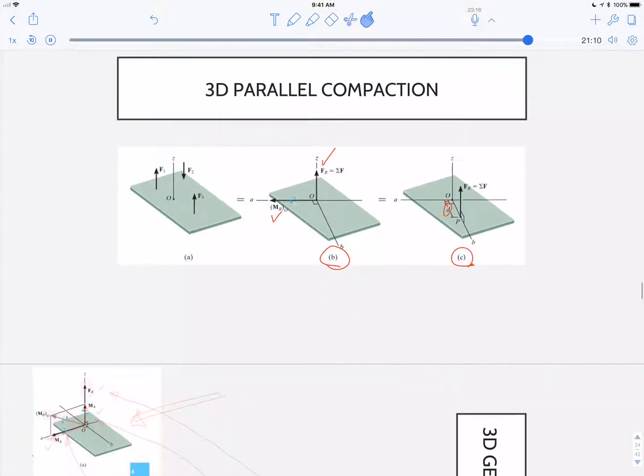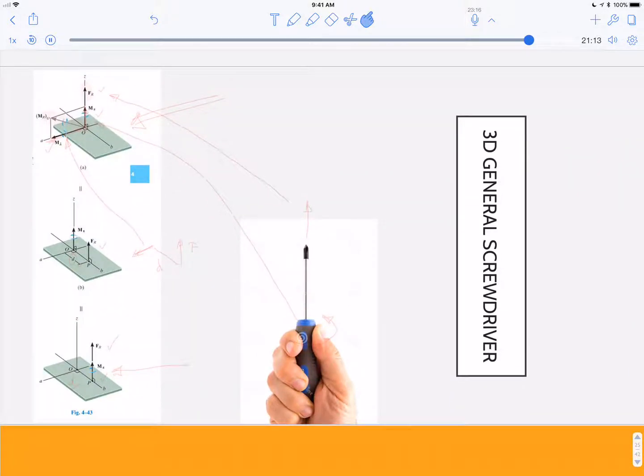And finally, we have this 3D general screwdriver compaction. What you have, you start with a force and an arbitrary moment. Then what you do is you take that moment and you break it into a component like this and a component like that. Remember how a vector works is that a moment vector, you point your thumb along the arrow and you spin it around it.